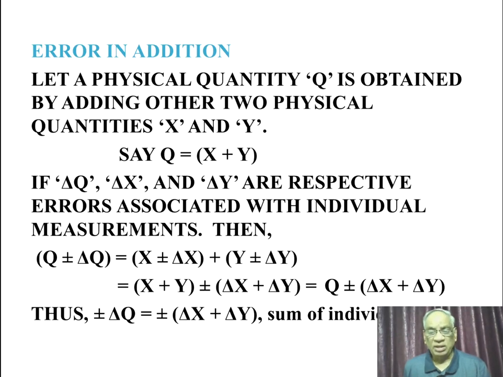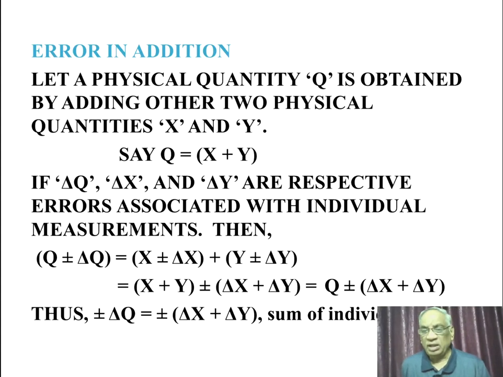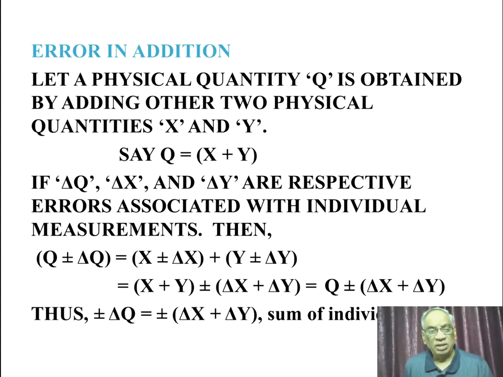Already we mentioned that the measurement is plus minus of the measured value. So depending on the sensitivity of the instrument, my measurement also will be plus minus. The error can be either on the additive side or on the subtractive side, so it can be either plus or minus.